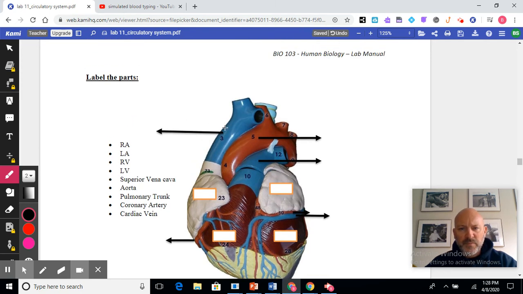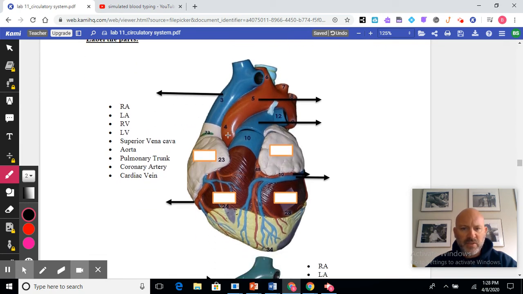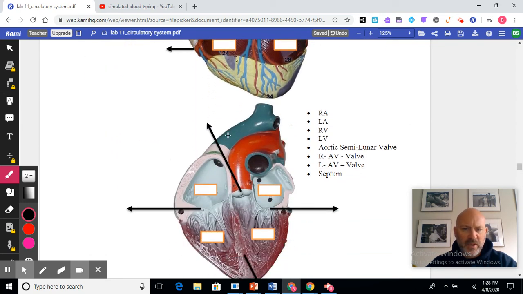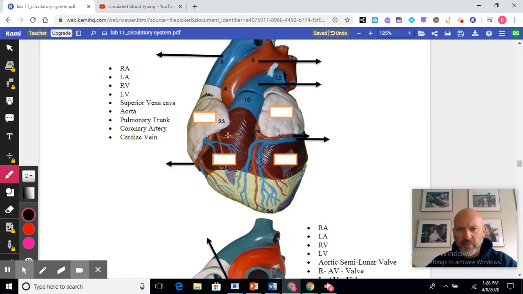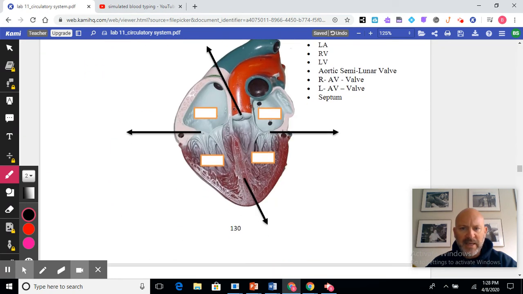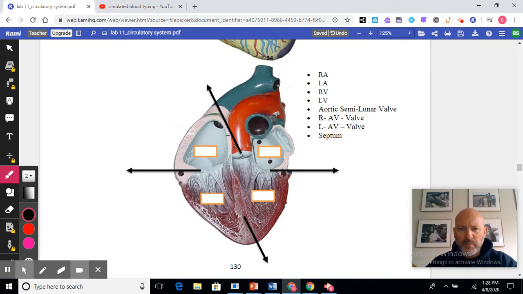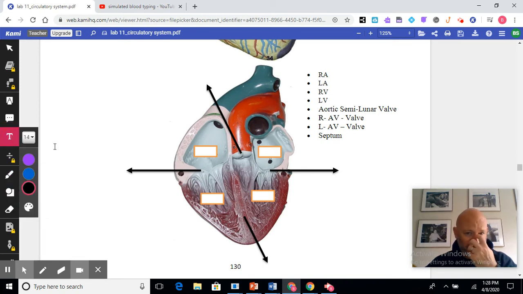All right. So up here again, this is practice. If you want to do this now, you can do it now. If you want to wait and do it later, but we've already done this, so I'm not going to do it again. I'm not sure if we did this one, but this is the aortic valve right here.